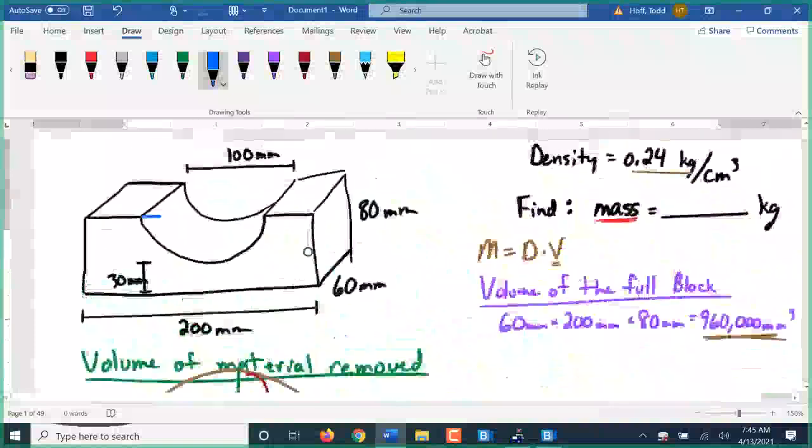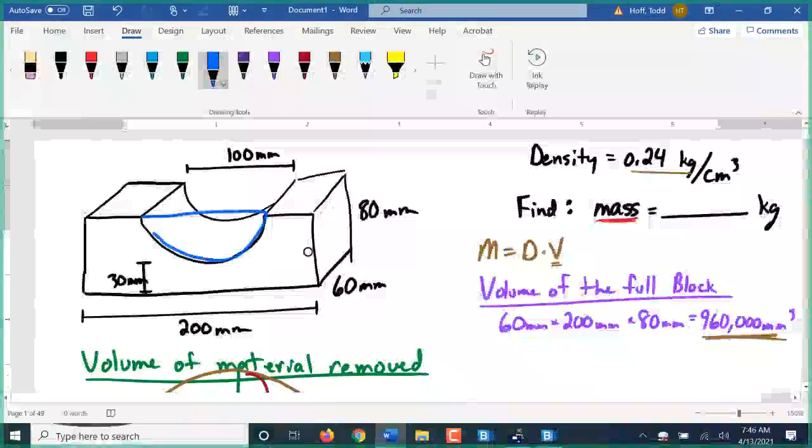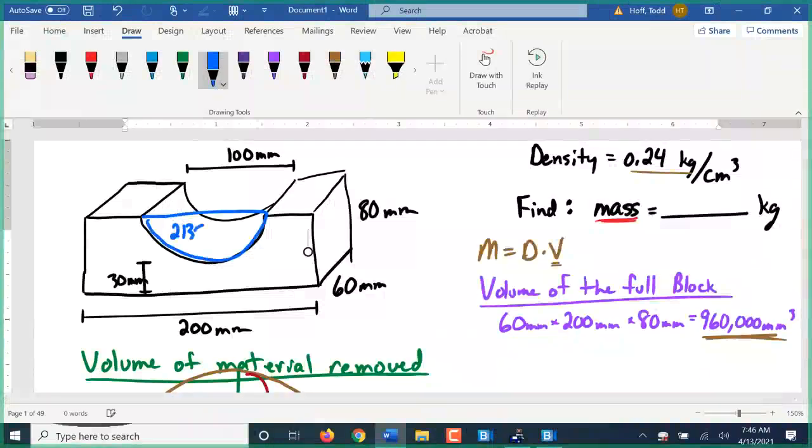So again, that is the area of this piece here, 2135.46 square millimeters.